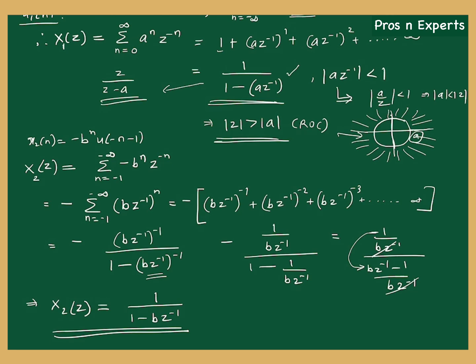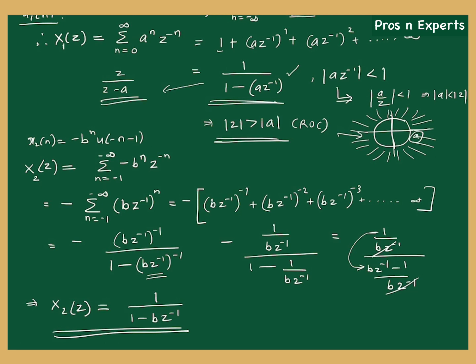Now one more thing is pending. What is that? It is the ROC. How will you find out the ROC? The ROC is found from the assumption we have taken while applying a by 1 minus r, this summation of the GP, which is nothing but mod r less than 1. Mod r is nothing but b z inverse the whole inverse.